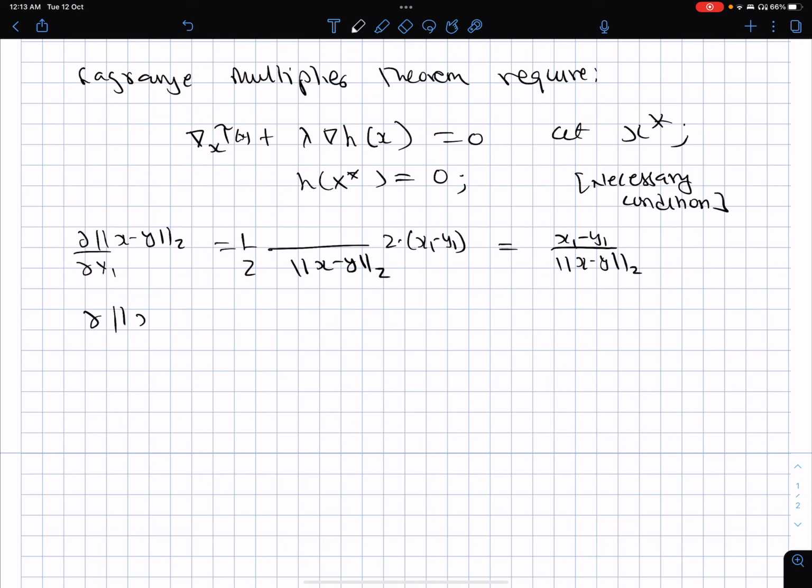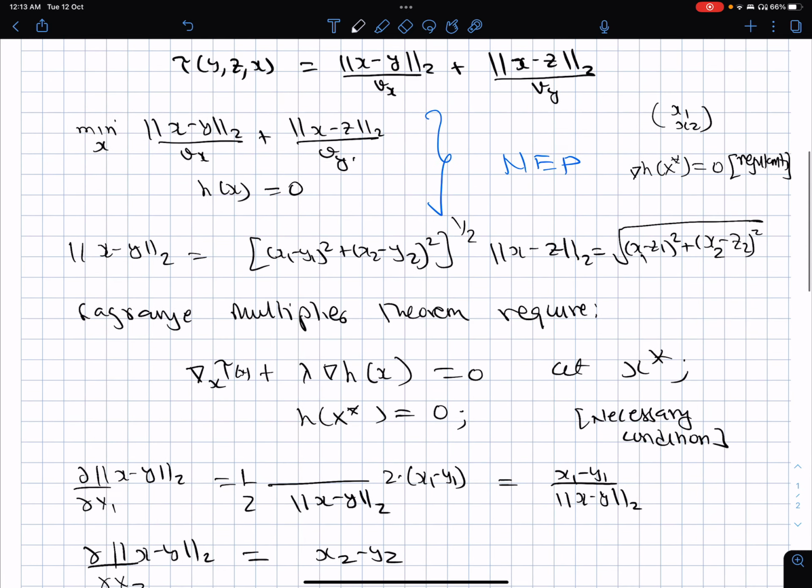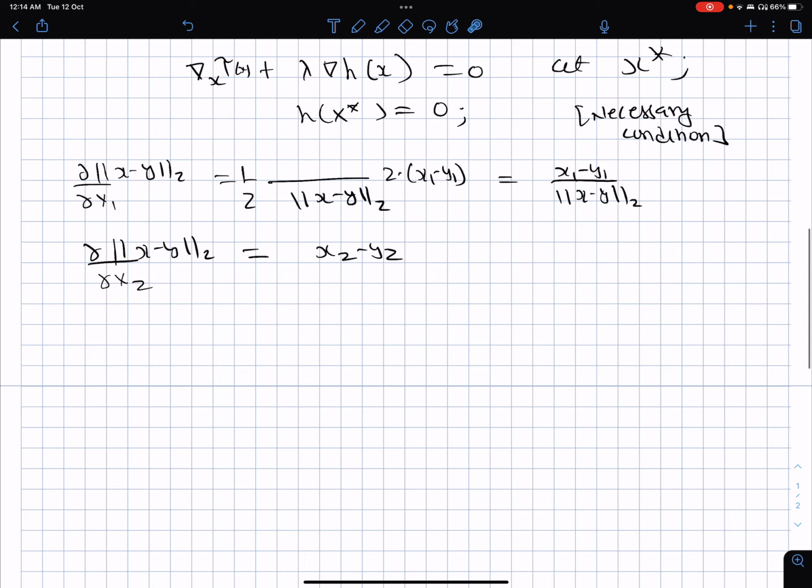Similarly, if you look at the partial derivative of this with respect to x2, then it is going to be x2 minus y2. Where does the x2 minus y2 come from? The second term, x2 minus y2 divided by the length of x minus y.